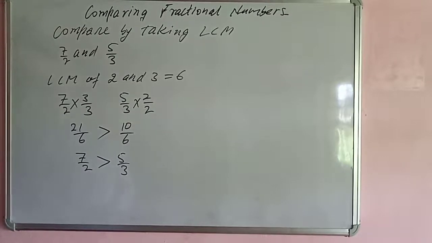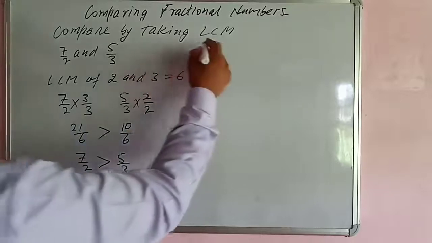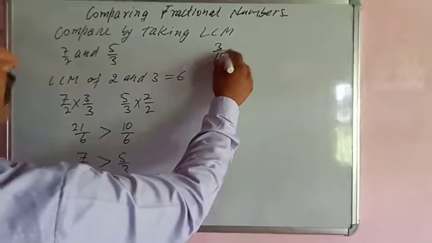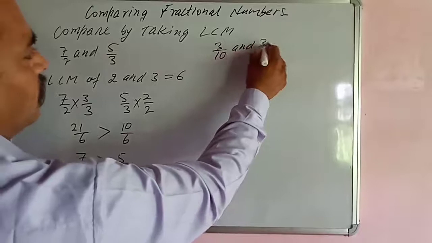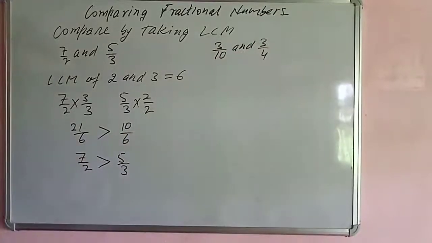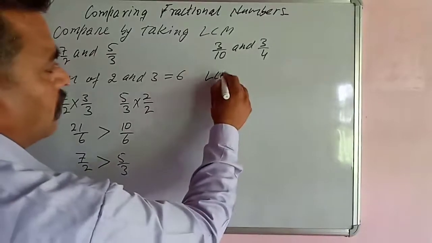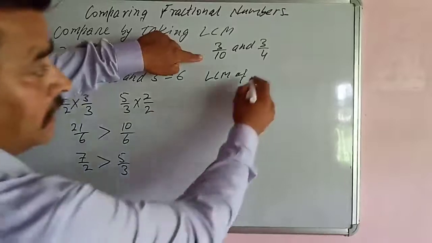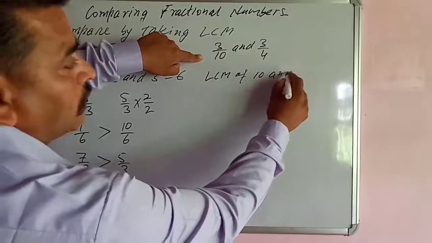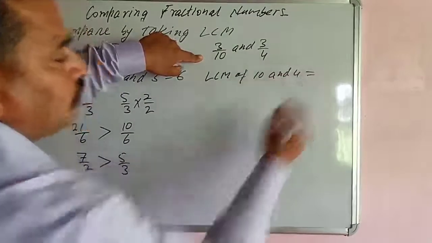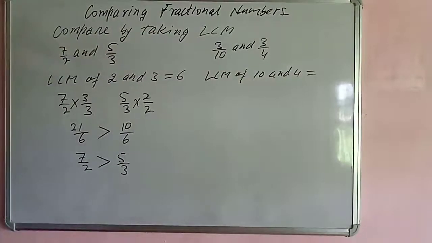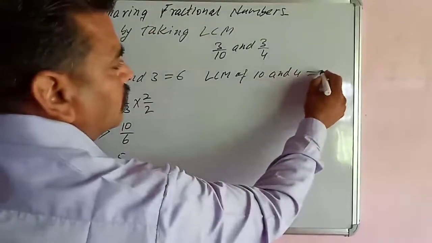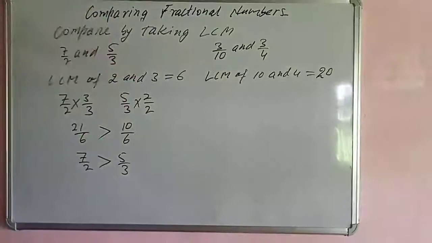Next we have another example: 3/10 and 3/4. Now we will take the LCM of 10 and 4. When we find the LCM of 10 and 4, it is equal to 20.